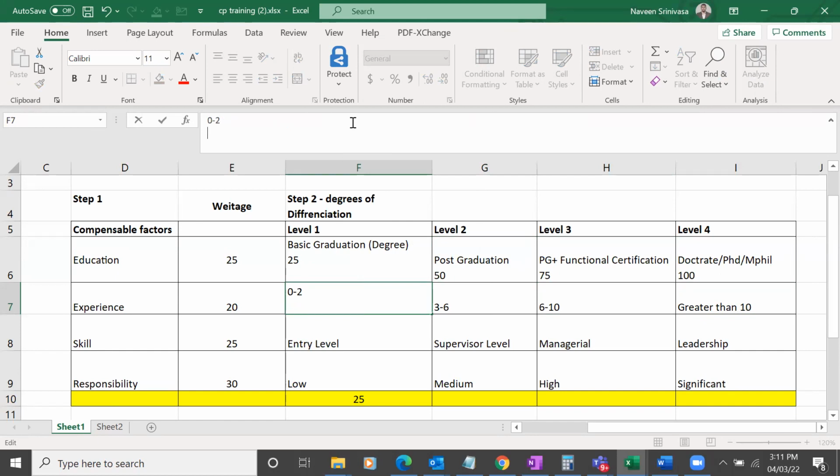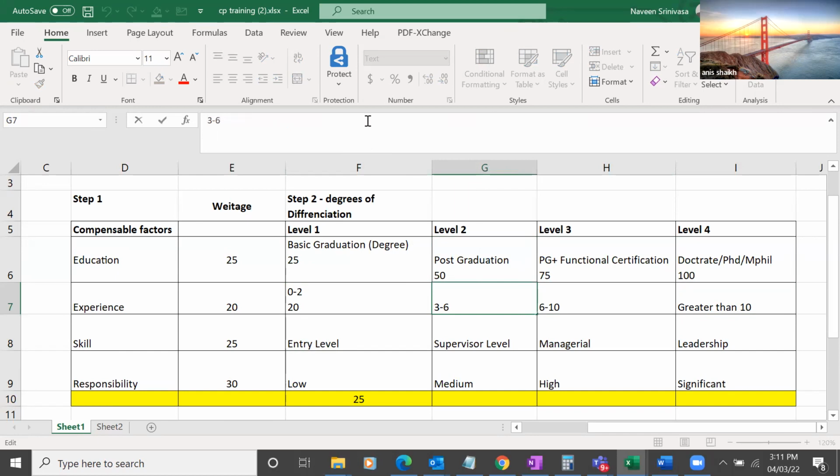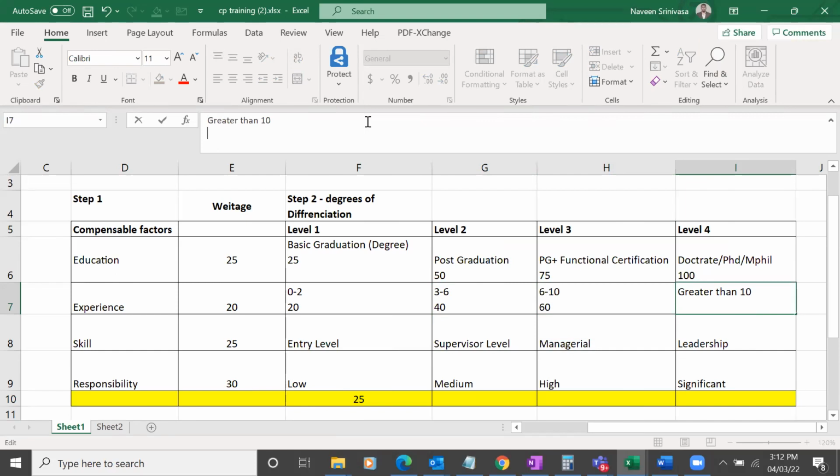Correct? Yes, weightage into level. This is 80, right? Yeah.